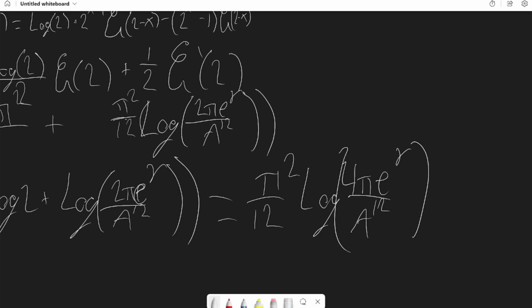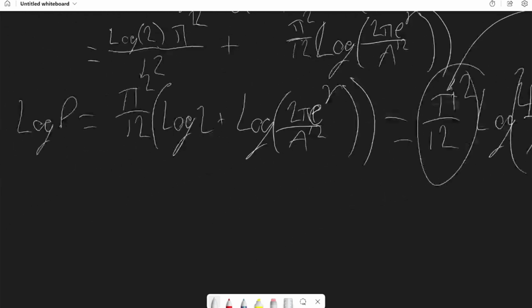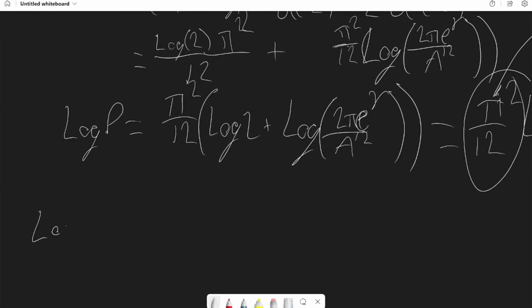And so now, due to the, what was it, exponential rule of a logarithm? Is that what you call it? You just put the factor of the log into the exponent of the argument. So then you get log of p equals, pi, or no. Sorry about that.